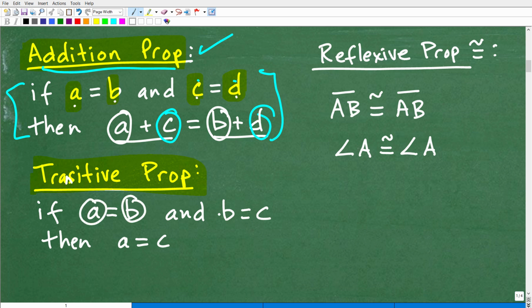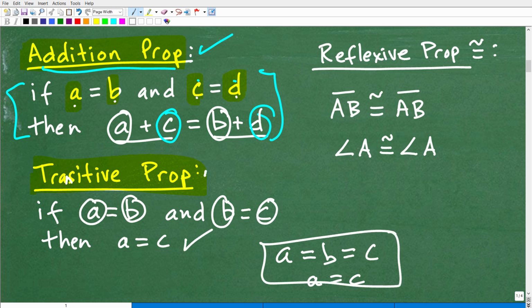You can almost think of it this way: A equals B and then B equals C, therefore A is equal to C. It's totally logical, but you've got to back this up. This right here is true because of something called the transitive property of algebra.